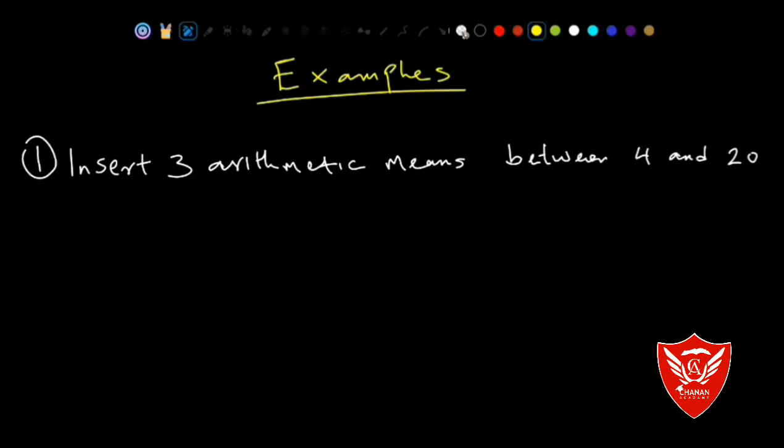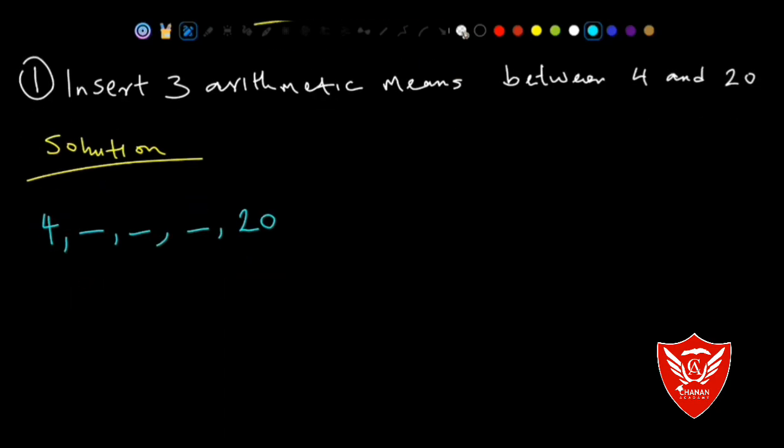Alright, so this is the question. The question says, insert 3 arithmetic means between 4 and 20. Okay, so solution. So this means we are going to have 4, the first number we are going to insert, the second, the third, and then we have 20. So how many terms do we have here?